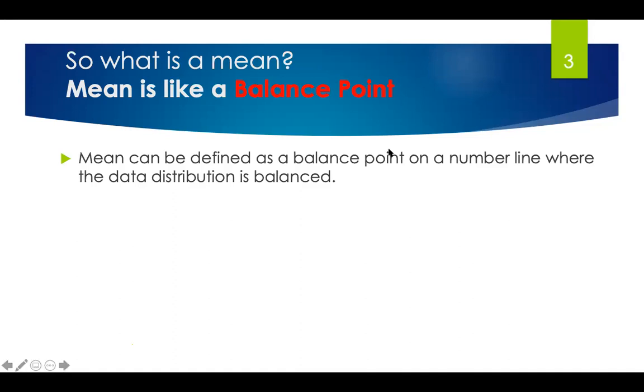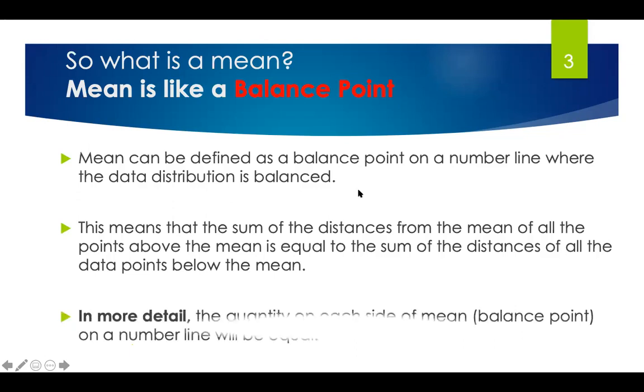Okay, Badr, would you continue, please? This means that the sum of the distances from the mean of all the points above the mean is equal to the sum of the distances of all the data below the mean.